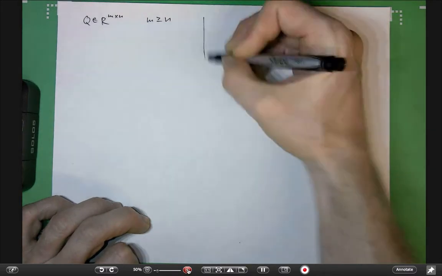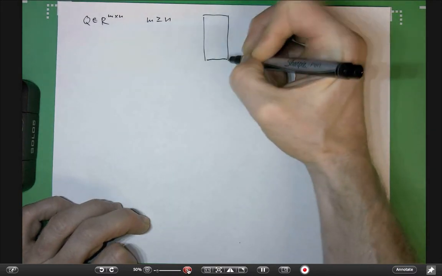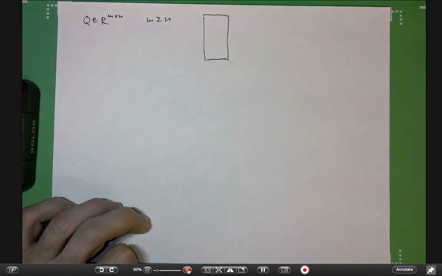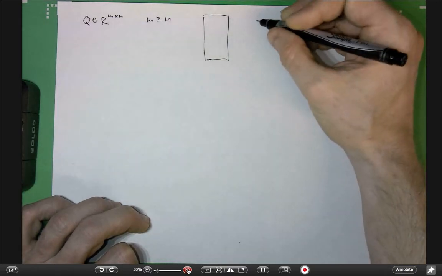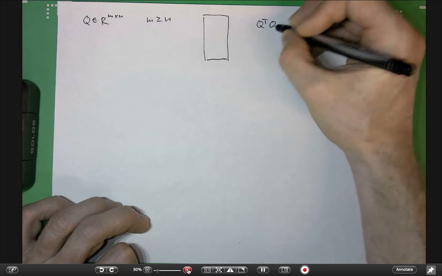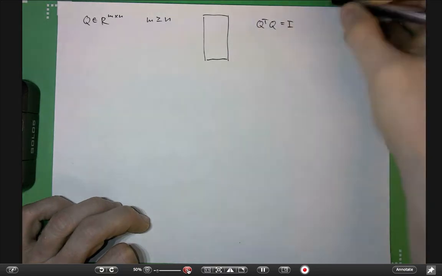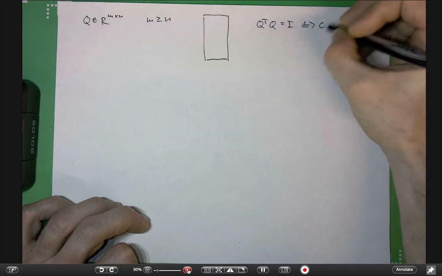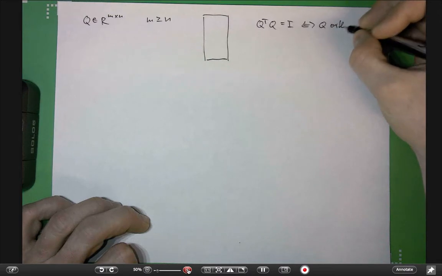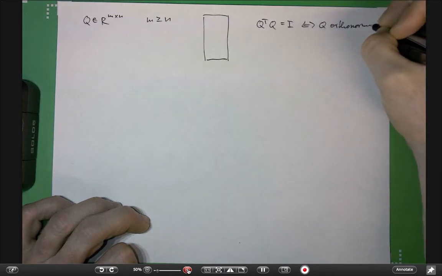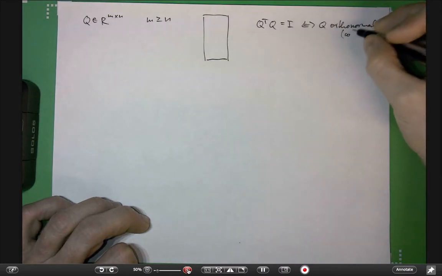So it's like this type of a matrix, the tall and thin one. Then we say it's orthonormal if QTQ is identity, right? So I could write it like this, Q orthonormal. Or you could say orthonormal columns.